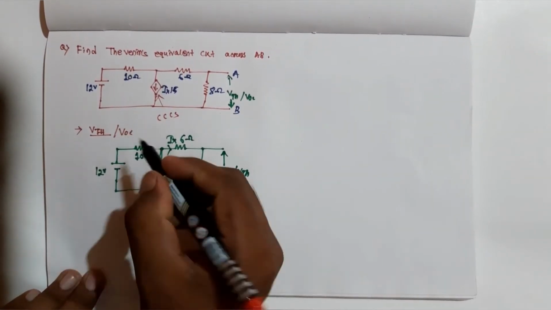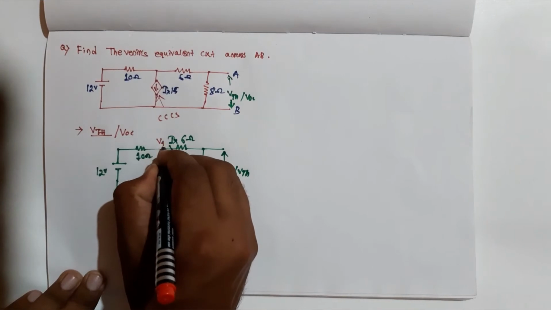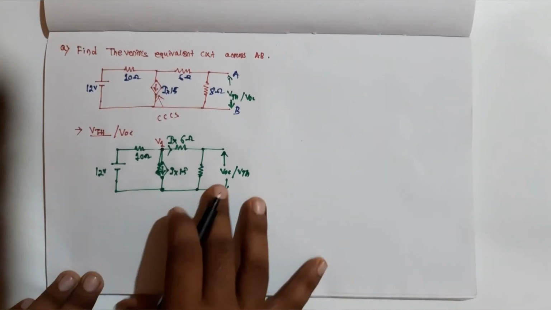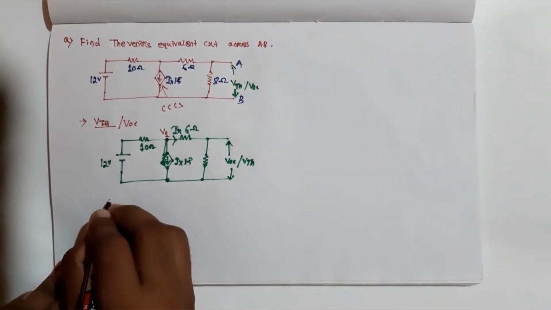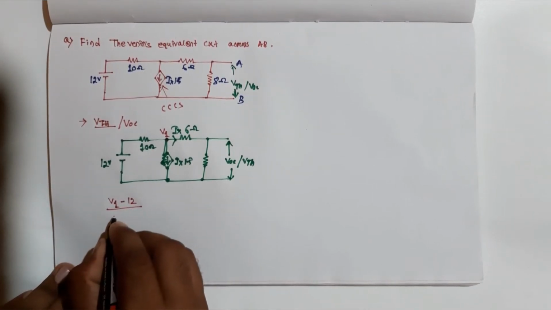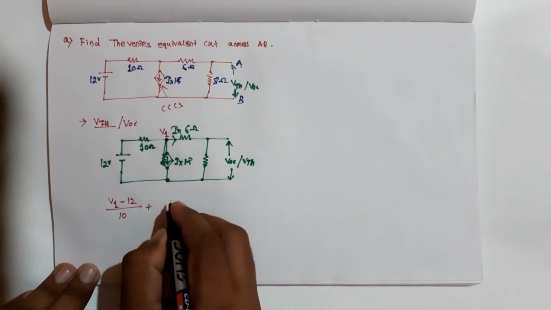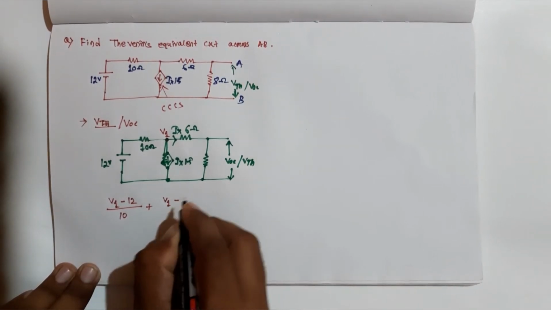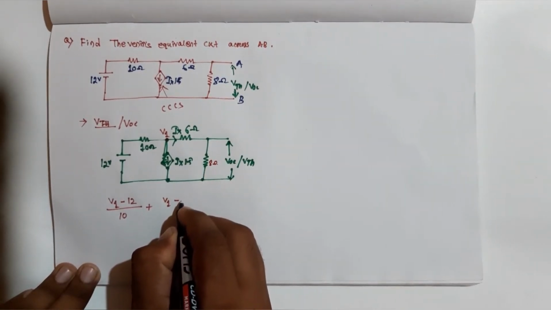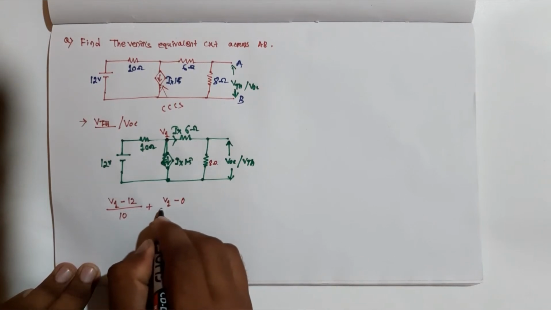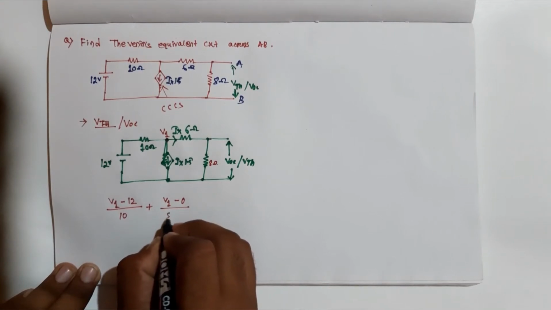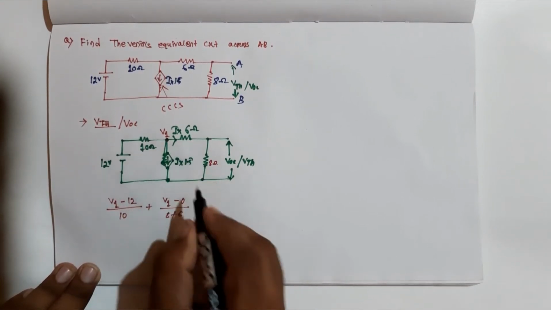Let us apply node voltage. Here let the node voltage be V1. Apply the node equation to find this voltage. This is (V1 minus 12) divided by 10, plus (V1 minus 0) divided by 8 plus 6, since this is open circuit and these are in series.